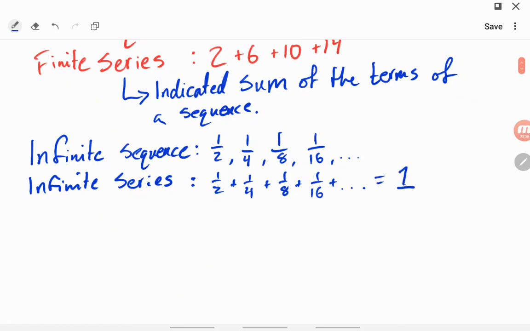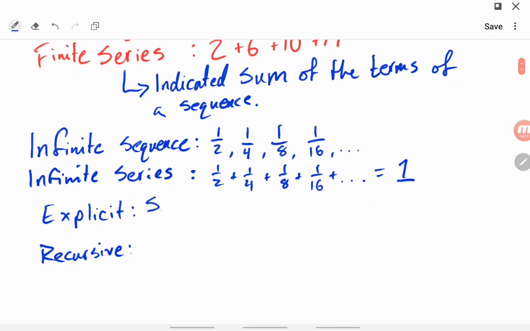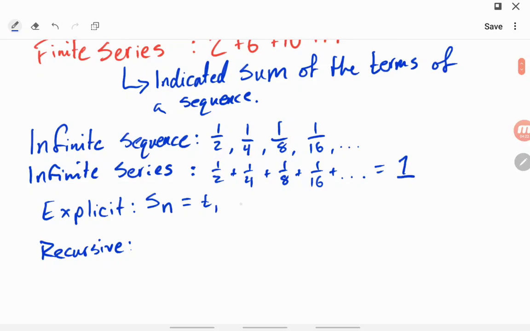So let's go over a couple of definitions for series. We've got our explicit definition, and then we've got the recursive, which y'all would have looked at yesterday. Remember, an explicit definition gives you a formula for any given term. So the series is going to be T1, your first term, plus your second term, plus your third term, all the way up to that nth term.